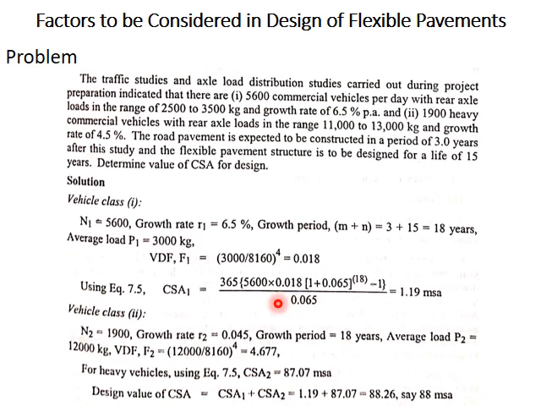We are substituting for n, for f, which is obtained by (P1 by P) the whole raised to 4, and 1 plus r, where the r value is given in the problem, 6.5%, the whole raised to m plus n, that is construction time plus design life of the pavement, minus 1, the whole divided by r again. We obtain the cumulative number of standard axle value. Same way for the second class of the vehicle, and the design value is obtained by summing up both the cumulative numbers of standard axles.